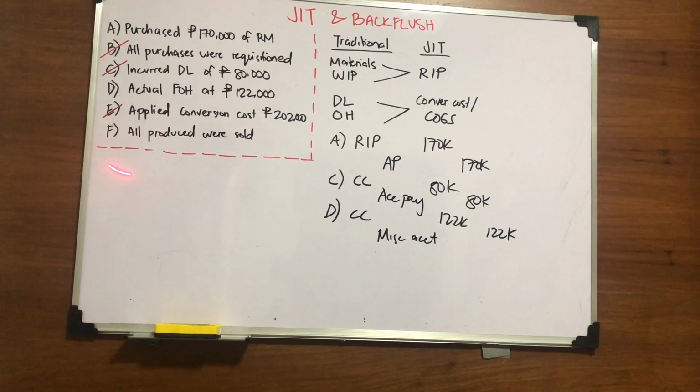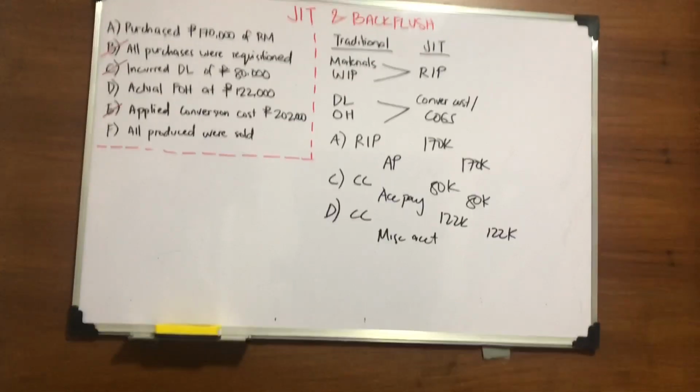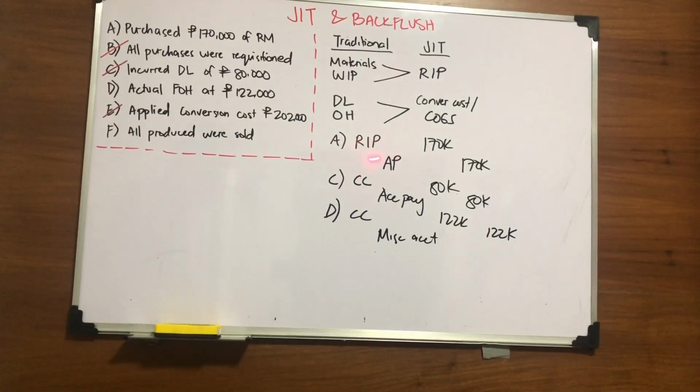The problem says here that all produced units were sold. So what we will do here is close the RIP account and conversion cost account to the cost of goods sold. How do we do that? We just credit raw in process, and we credit the total of conversion cost and close it out to the cost of goods sold.